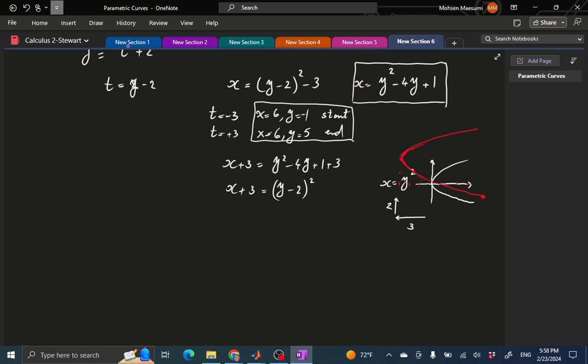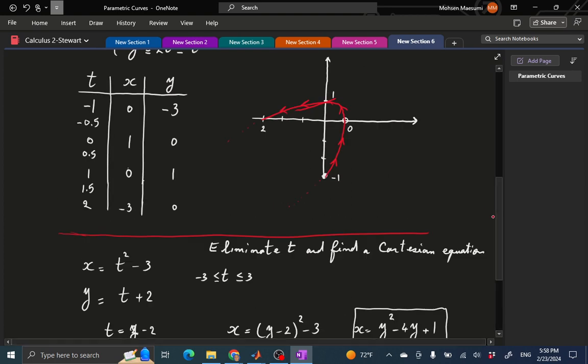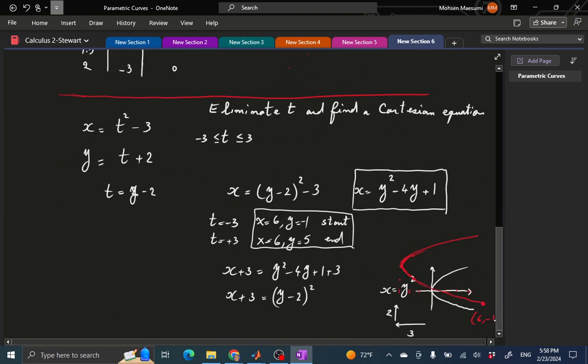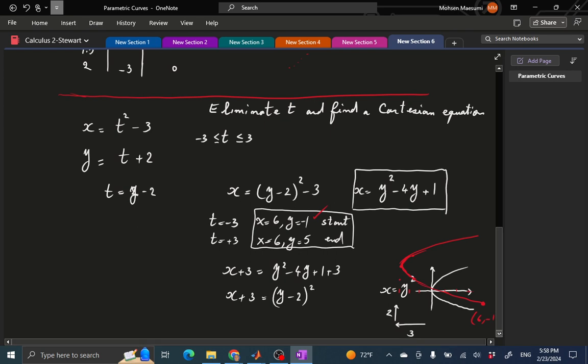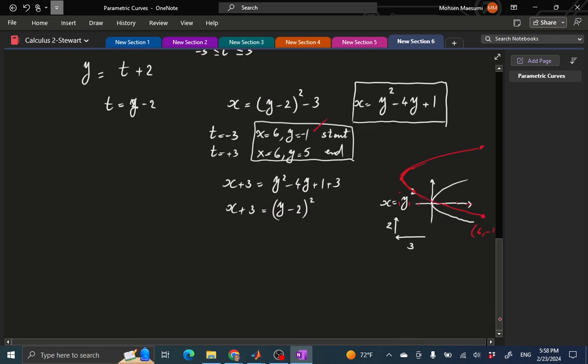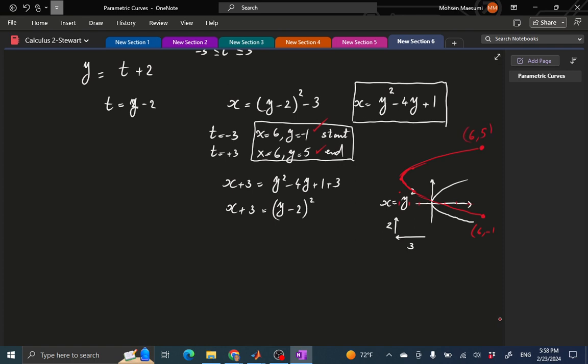So down here is going to be the point with the coordinates 6 and -1 that we found here. That would be a starting point. And up here is going to be the other point, 6 and 5. That's going to be the terminal point or ending point. So we have a parabola that travels in this direction, turns around here, and then goes toward that destination.